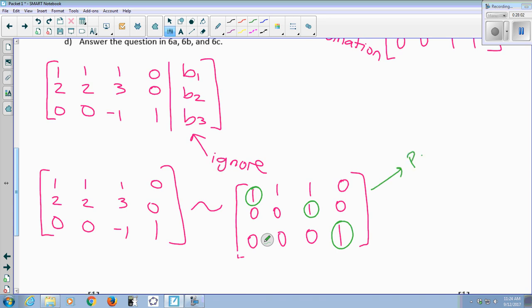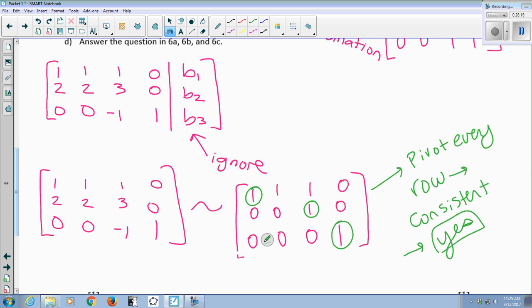So pivot in every row implies consistent, which means the answers to all my questions is yes. The columns of A do span R3. No matter what vector I put here from R3, there will be a solution.